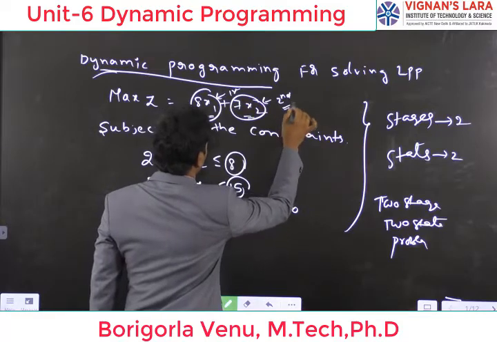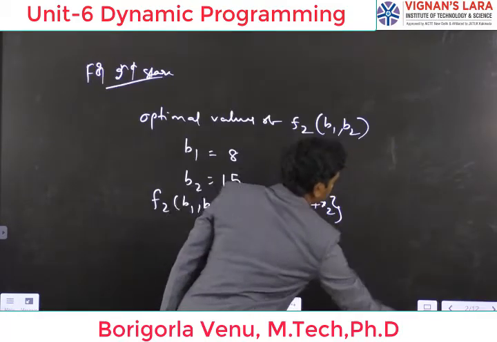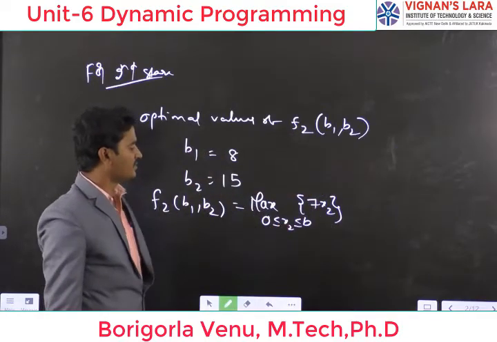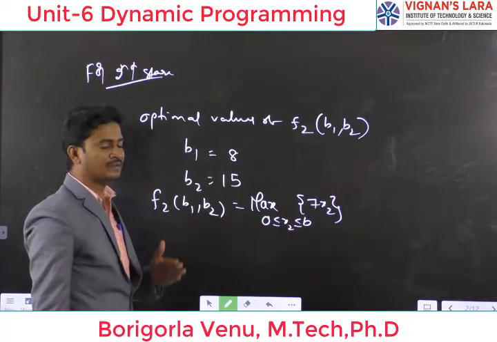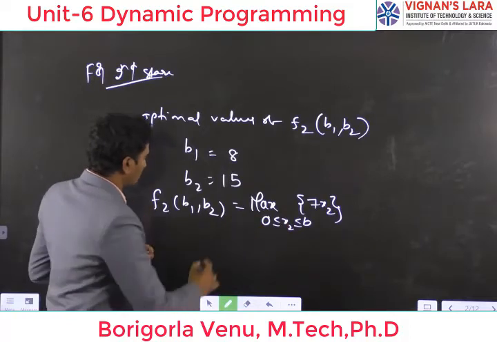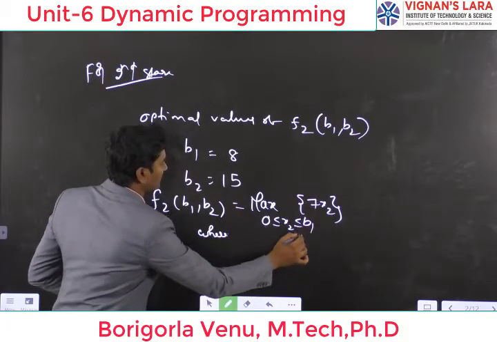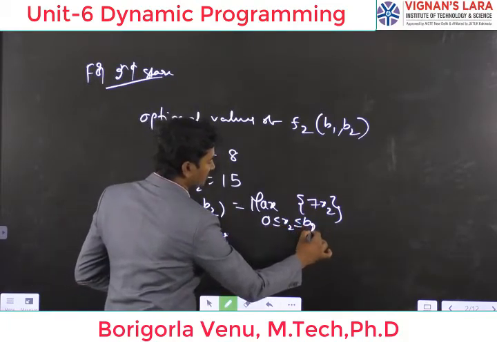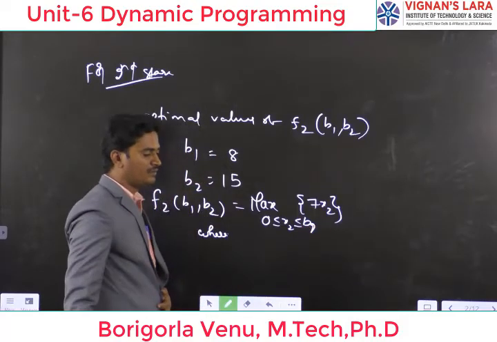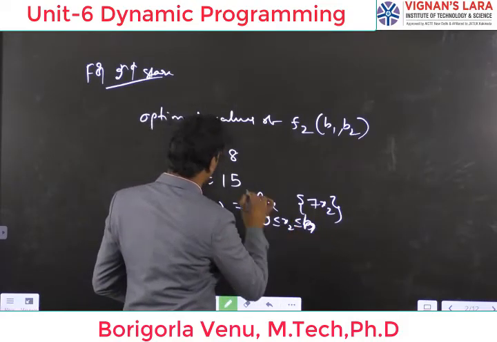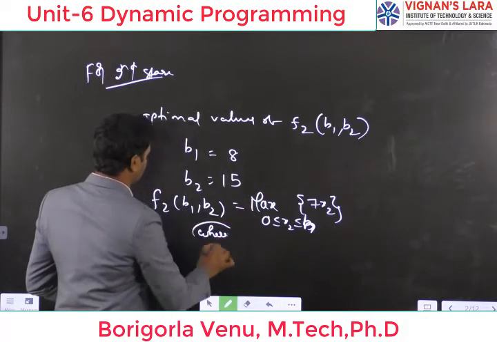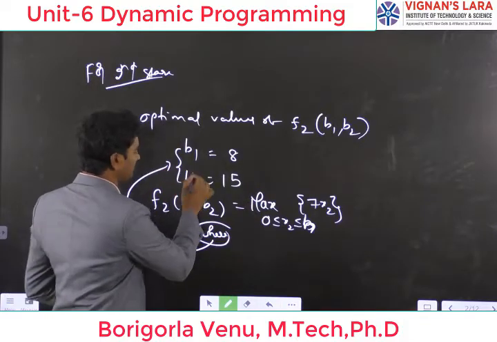That's why we are going to take 7x2. From this we are going to calculate the x2 value, where b means we are going to take b1 and b2, these are the b1 and b2 values.